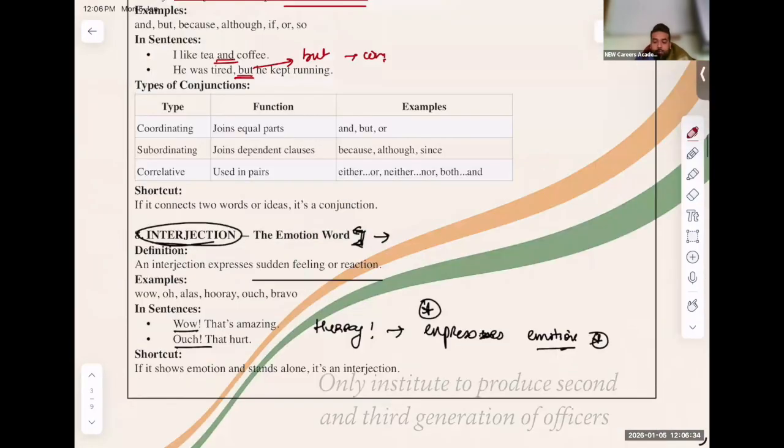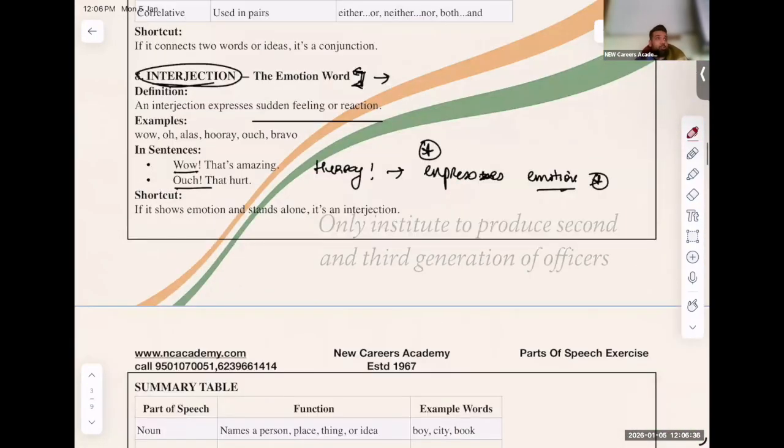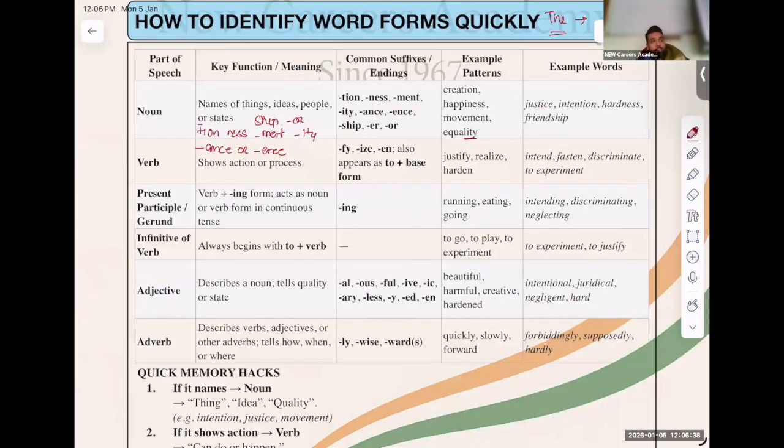Again, as I said, I don't want to confuse you. Just only do the ones which are done, because I know if you don't do your adjectives properly, then when you move to adverbs, you will be confusing adverb and adjective. First, remember the 5, then we do the next 4. Verbs: FY, IZE. Just remember, anything to do with to walk rapidly, to go, to play, to experiment.